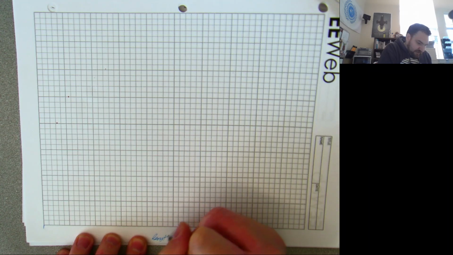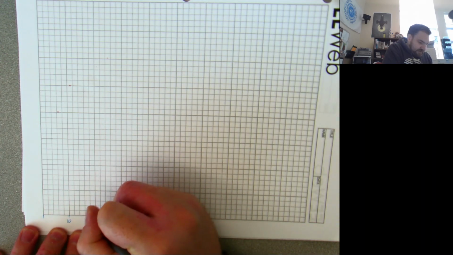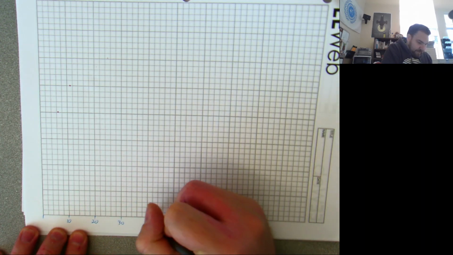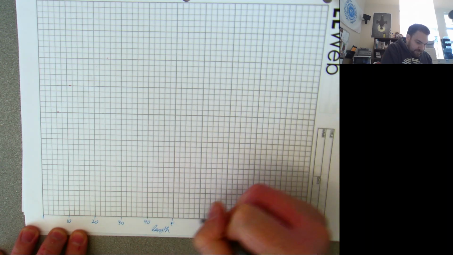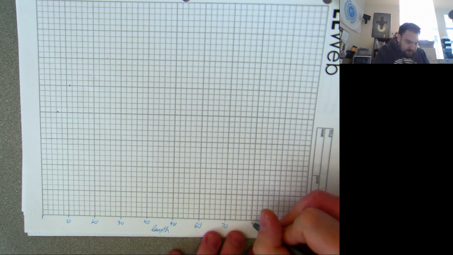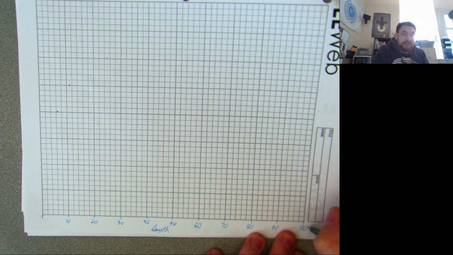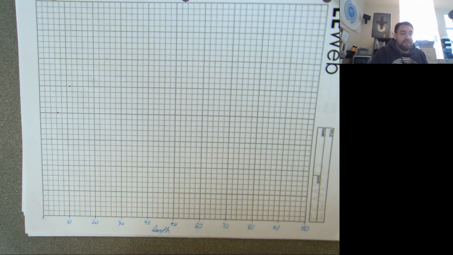This is length on my x-axis now, and I'm going to go up by tens like we did before. 10, 20, 30, 40, 50, 60, 70, 80, 90, 100. You don't have to always go landscape. You can turn the thing into portrait mode as well.